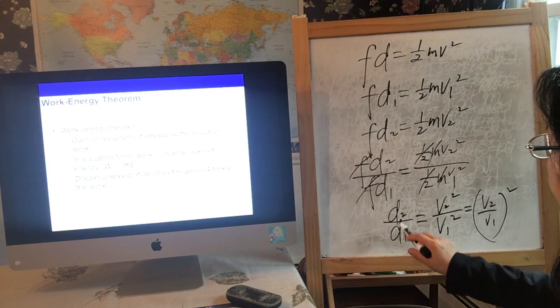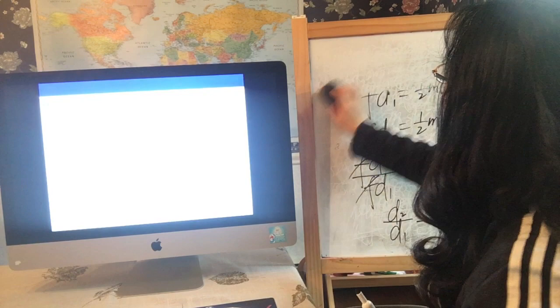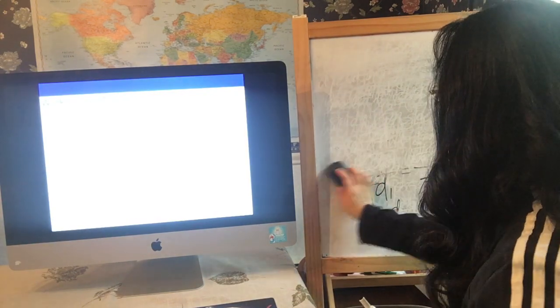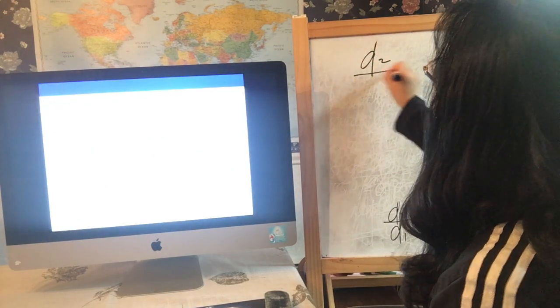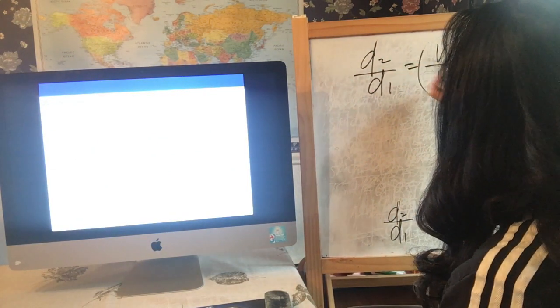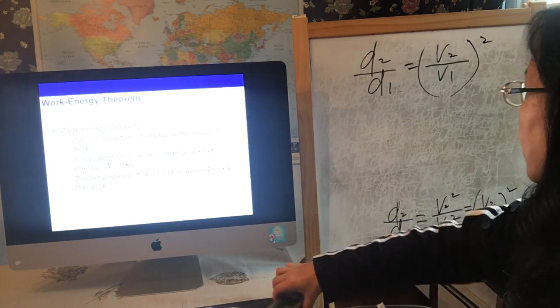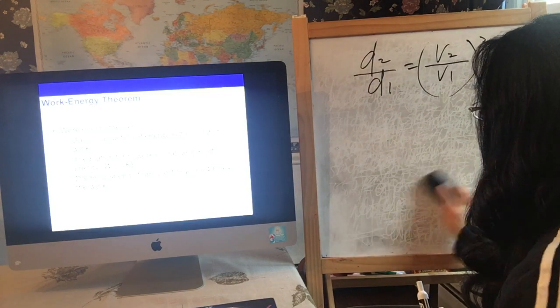We know d1 is 15. I'm going to put this up here again: d2 divided by d1 is v2 over v1, squared. So as you can see now, we're ready to solve the problem.